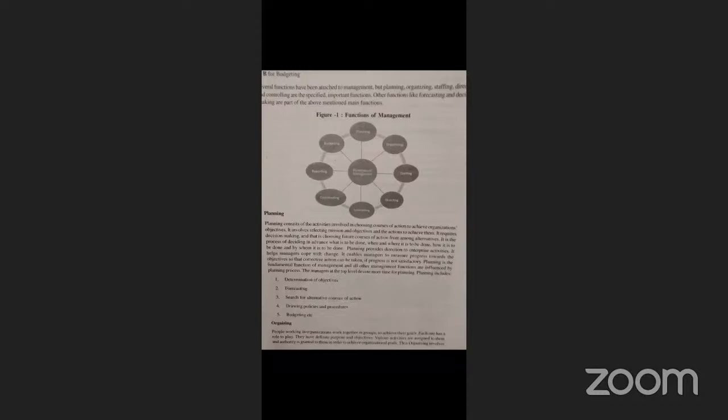Okay, the progress towards the objectives, so that corrective action can be taken if progress is not satisfactory. Planning is a fundamental function of management, and all other management functions are influenced by the planning process. If planning progress is not satisfactory, then the other functions are also going to be disturbed.